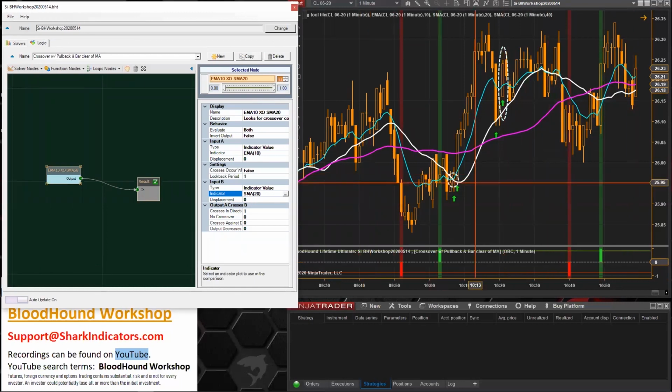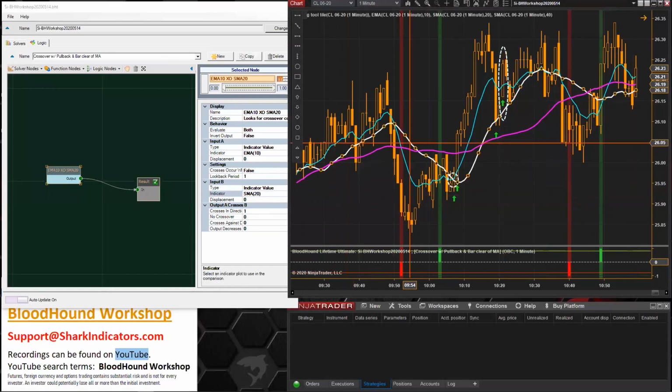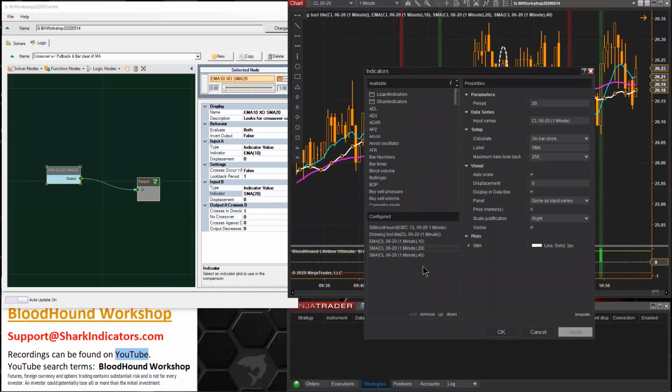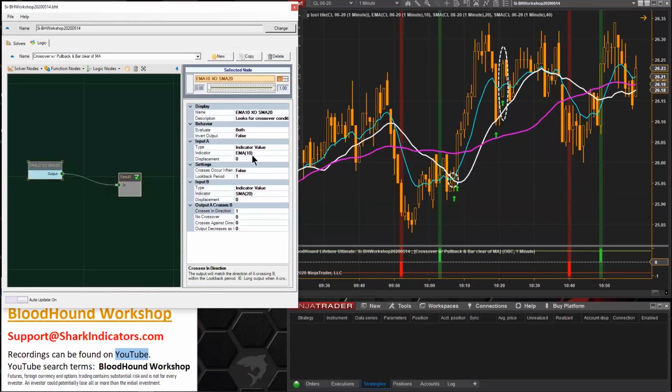There, and things aren't quite lining up. Let's see, EMA 10, SMA 20. My indicator's wrong? I was just trying to figure out what I'm not seeing. That should be pretty obvious.